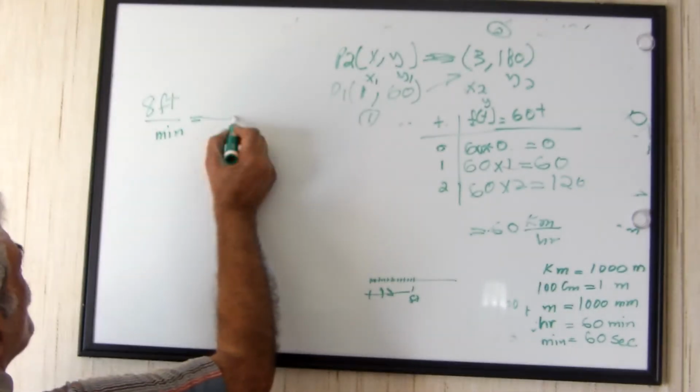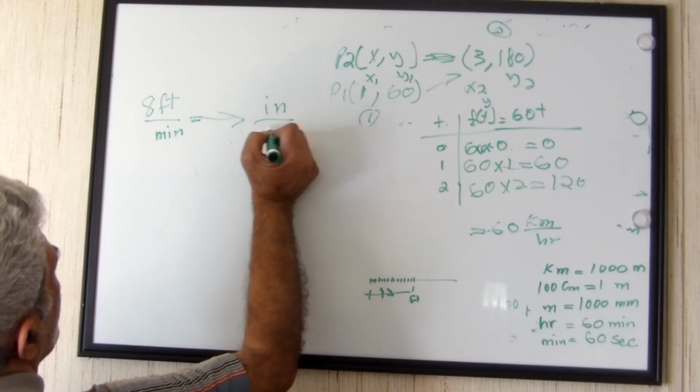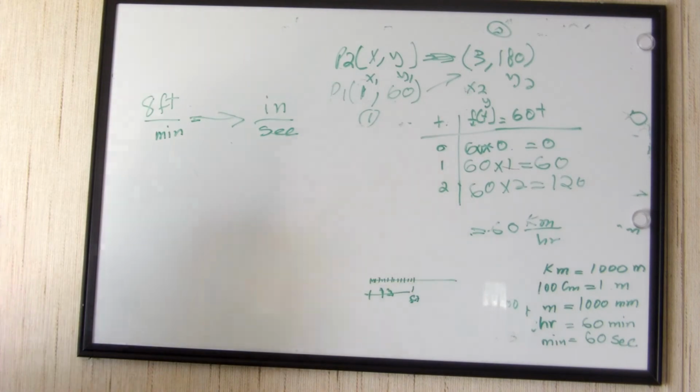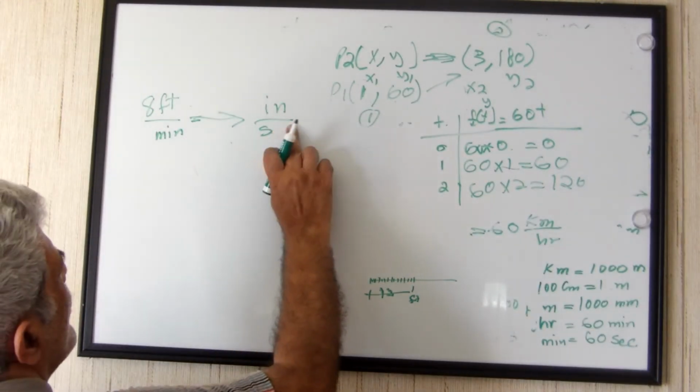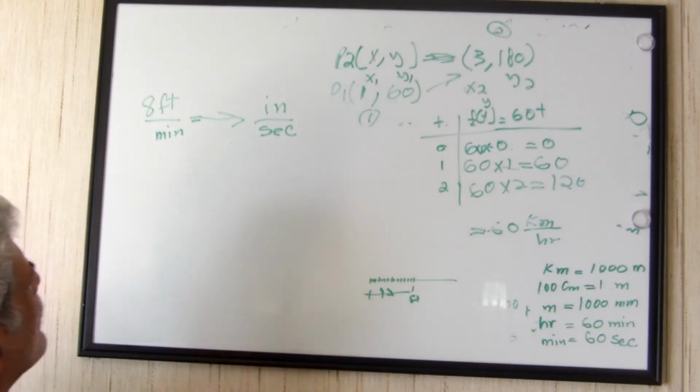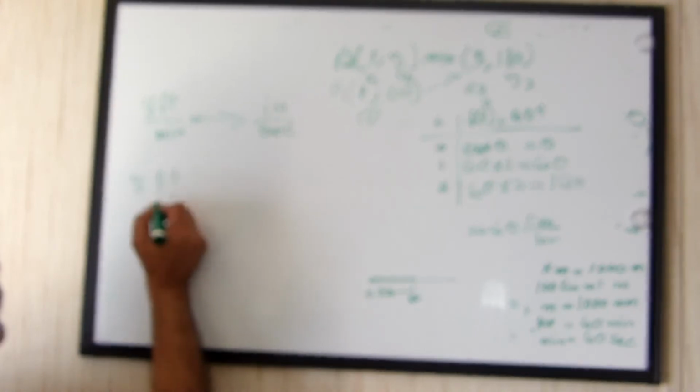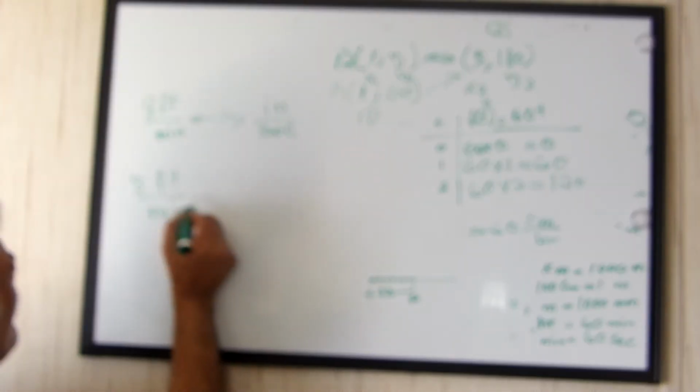Now we're going to change it to inch per second. We show second by s, or we can write sec, meaning second. Inch per second. We say 8 feet per minute times.